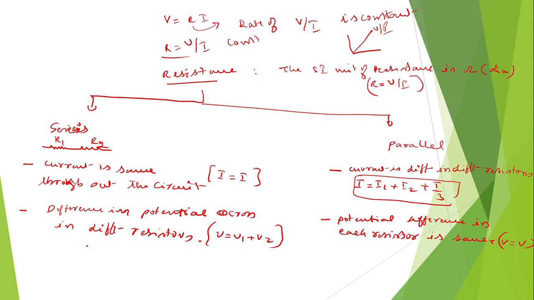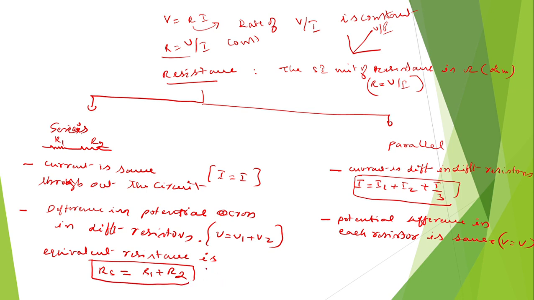So that is equivalent resistance. Here equivalent resistance Rs is equal to R1 plus R2. This is a very important equation for series connection.